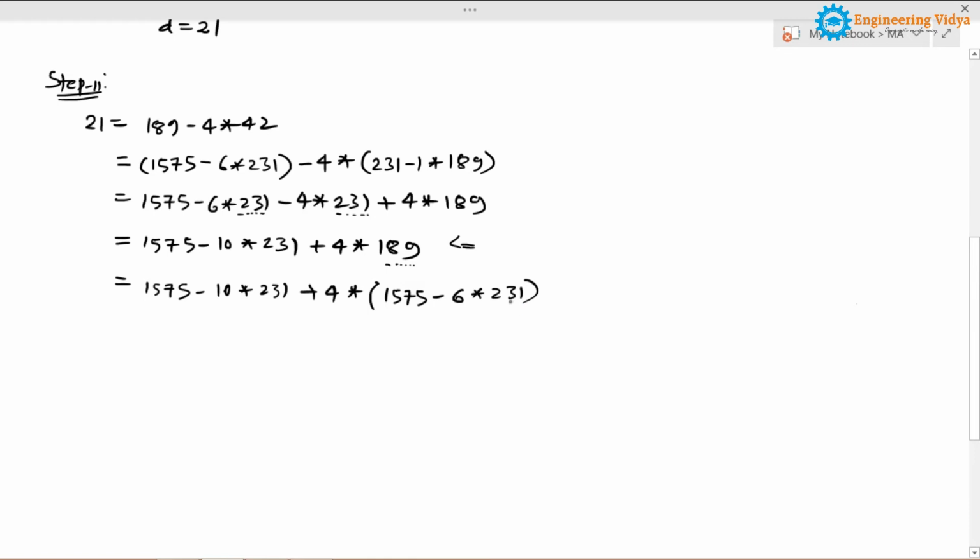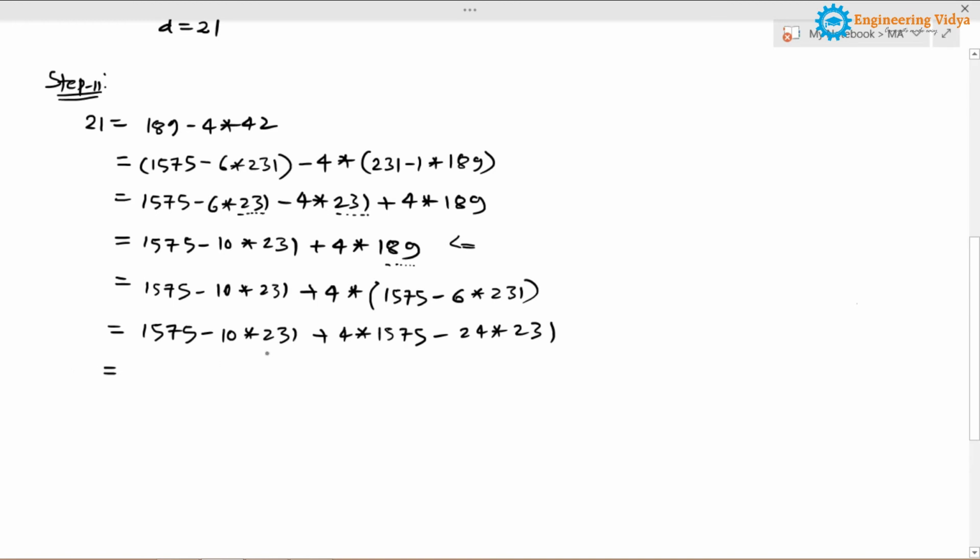Now we'll do the simplification and see. Here we have 10 into 231 plus 4 will be multiplied by 1575. So 4 will be 1575 minus 6 4s are 24, right? So 24 into 231 will come.